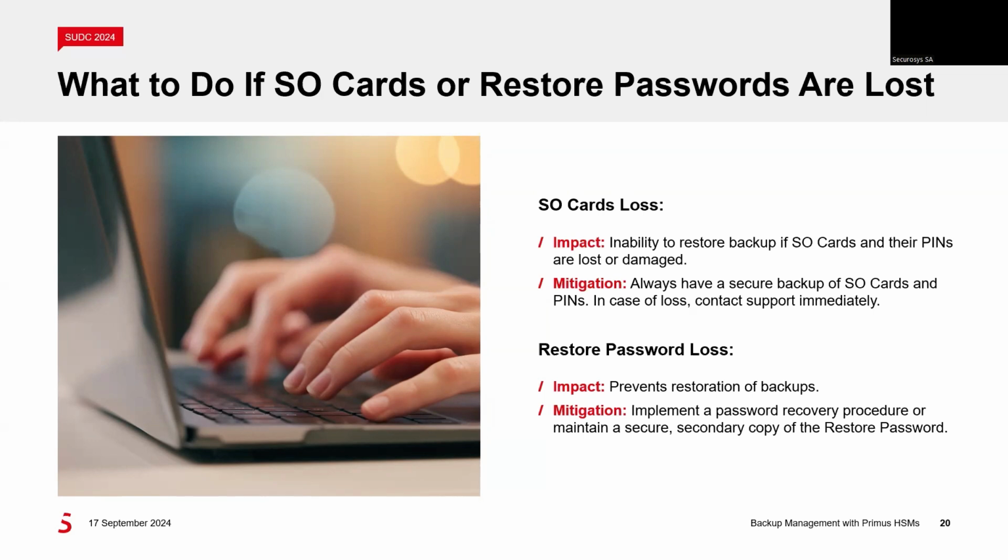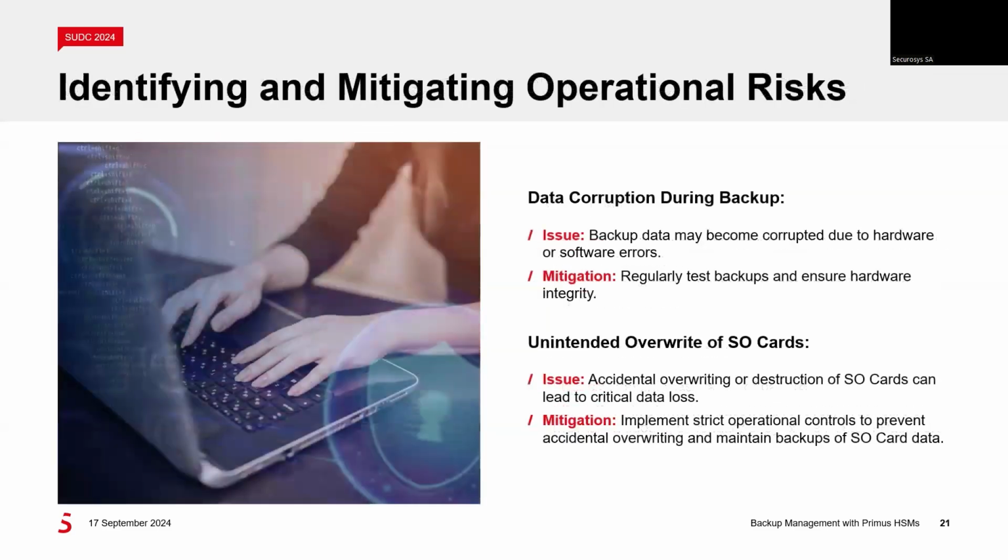Restore password, as mentioned before. Creating backups, as mentioned, consider storing them in 2 different locations on your servers. Make sure not everybody gets access to those locations, although they are protected by a password. And again, do not overwrite your SO cards.